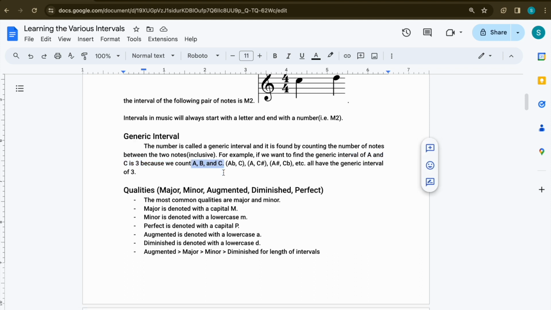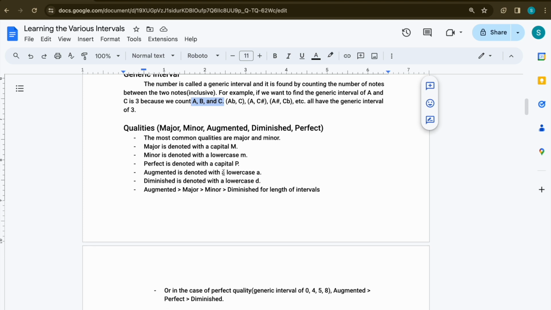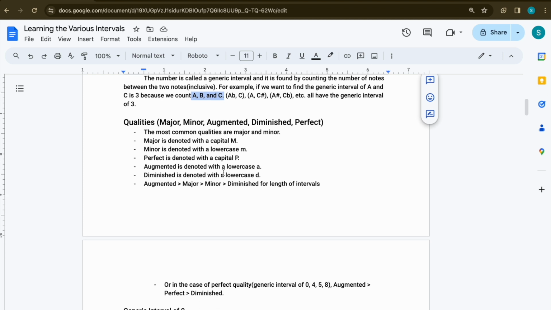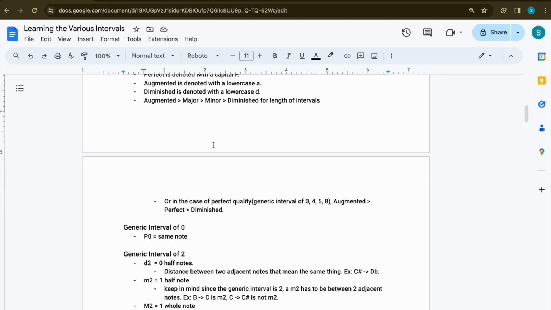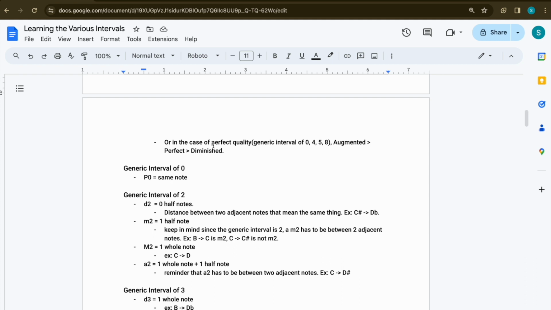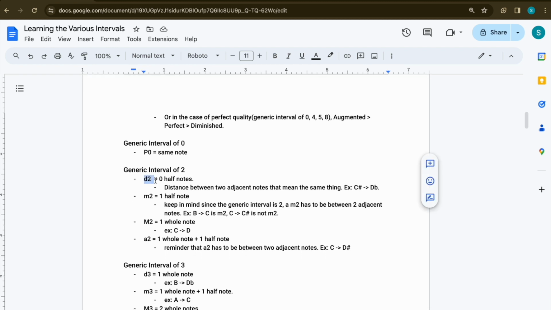B, and C. Then I went into the more complicated stuff where I explained what major, minor, augmented, diminished, and perfect qualities were. And in here, I basically give a condensed, not too hard to read, but just easy to reference guide where essentially you have diminished, minor, major, augmented.